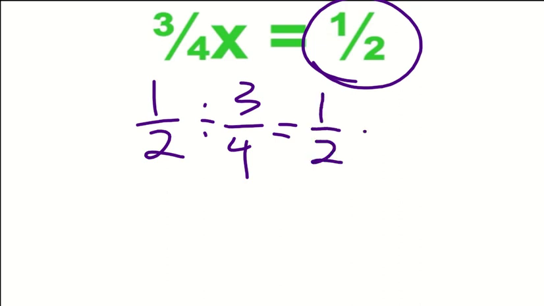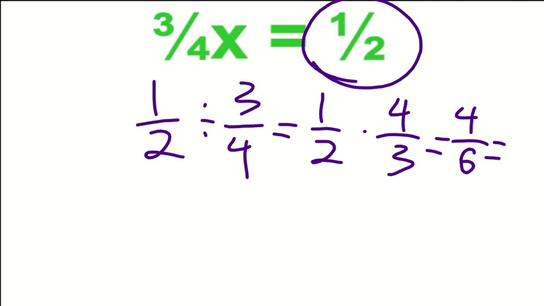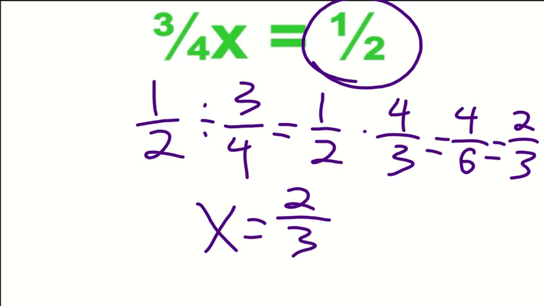We change to multiplication. Flip the 3/4. Then straight across top. Straight across bottom. I can simplify that. 2 goes in each of those. So that would give me 2/3. So answer would be x equals 2/3.